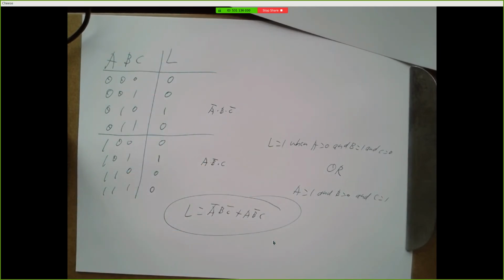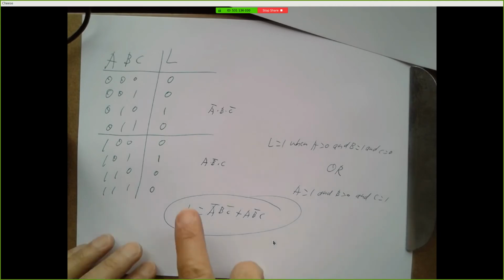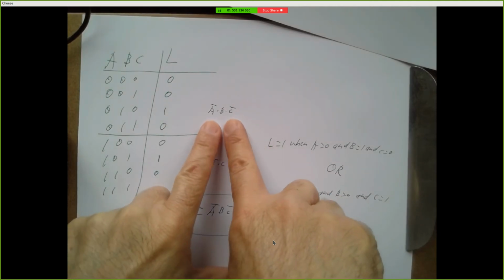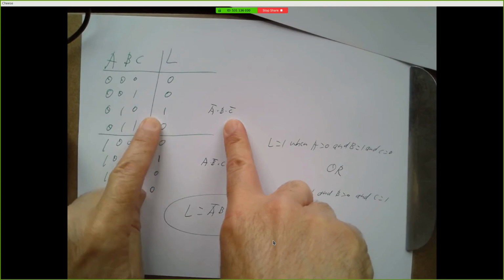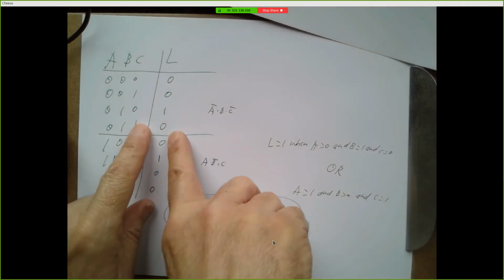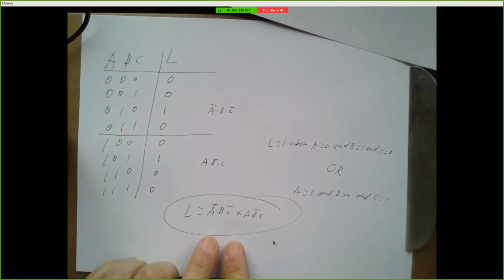But this is the basic gist of it, right? Every time that there's a 1, we can write an expression which is true in that particular row of the truth table. And if we have multiple things that we want to cause the output to be a 1, we can just OR them together. All right, making sense?